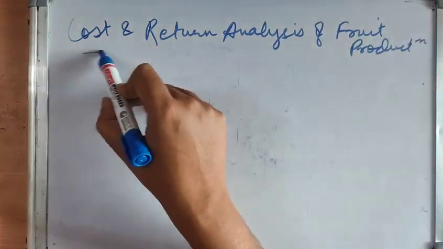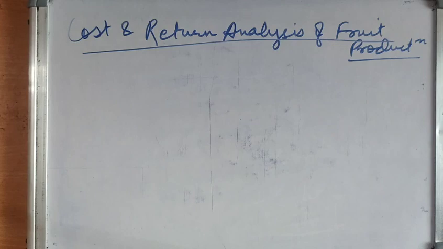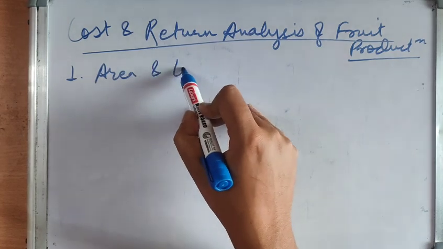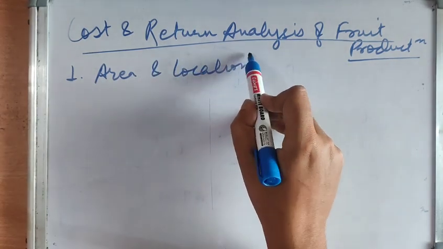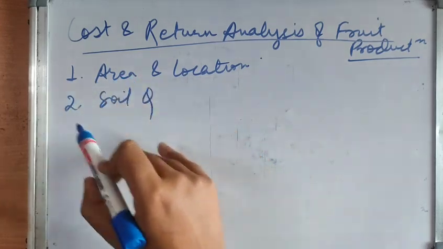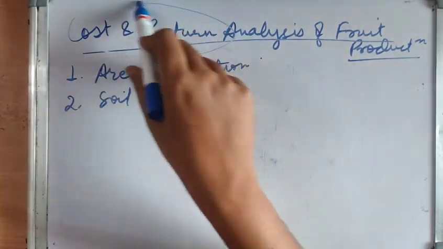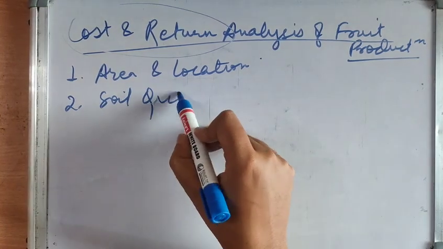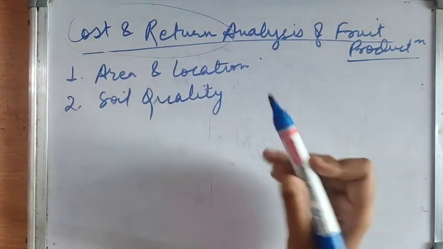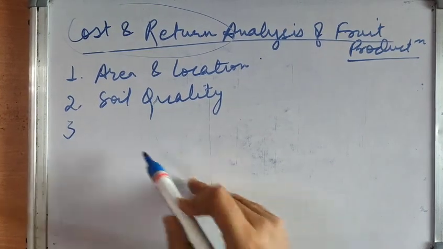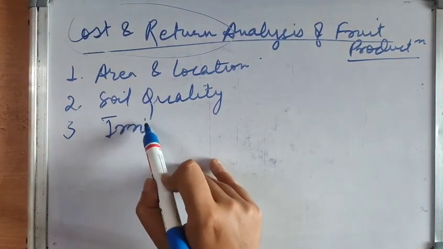First of all is area and location of plant sites, where the plant is located, and quality of soil. If the soil quality is good, the productivity will be good, hence the returns will be good. Irrigation, what kind of irrigation we use.